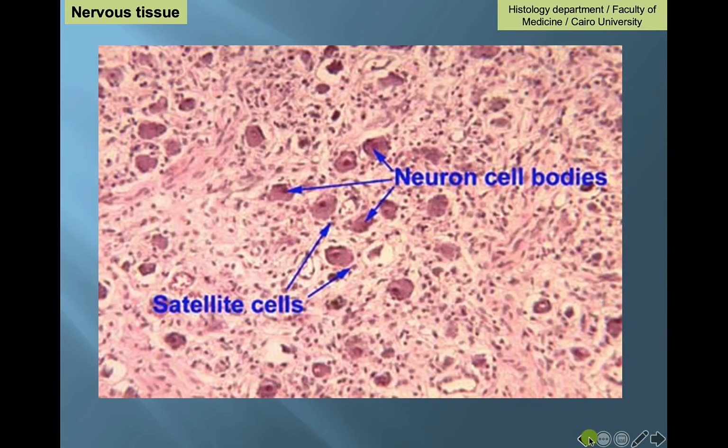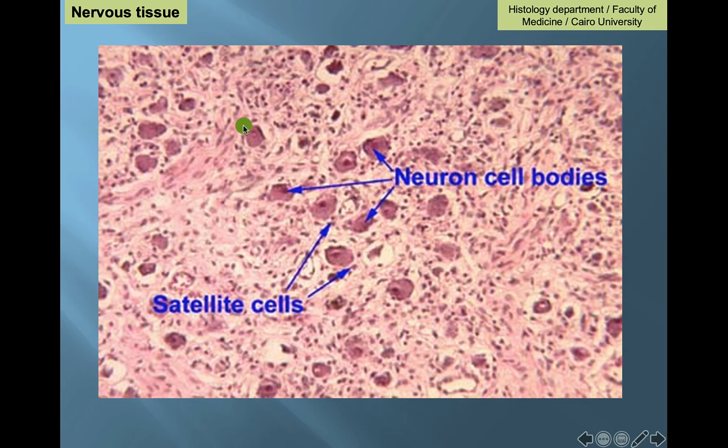Here we have the magnification of this section. We have the bodies of the nerve cells. They have the nucleus, they have the cytoplasm, and the shape of the cells here is not globular. It has these corners. Look at these corners, 1, 2, 3.